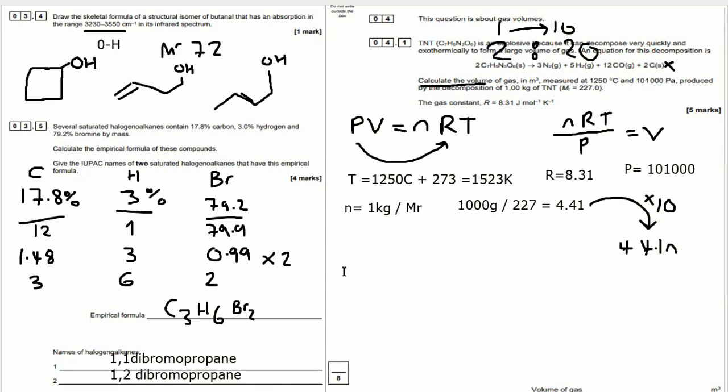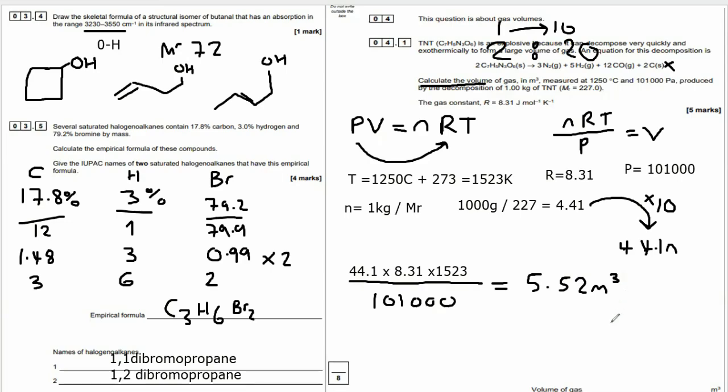So let's now get into it and plug the numbers in. 44.1, that's our moles, times 8.31, times 1523. And we're then going to divide all of that by the pressure of 101,000, and this is going to give us our lovely answer, which should, if we round it to 3 significant figures, I always say if in doubt, round to 3 significant figures, unless they've told you otherwise, 5.52.